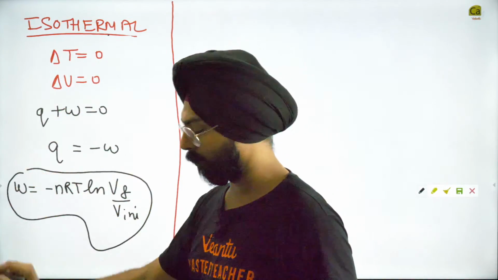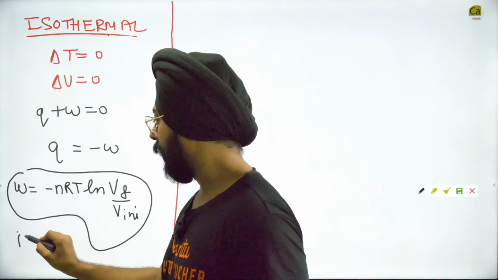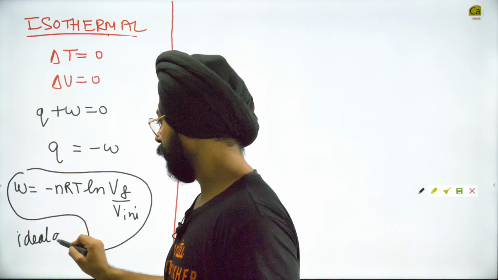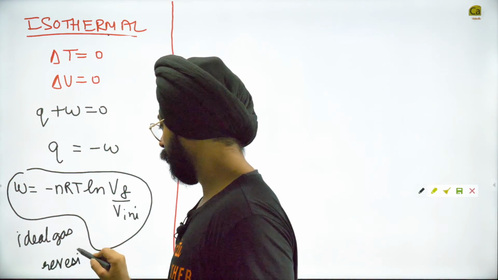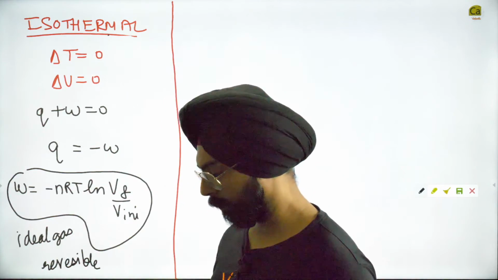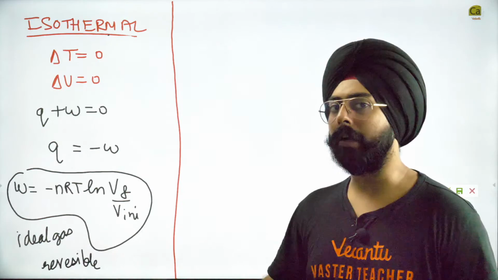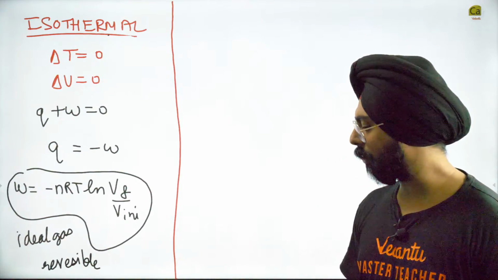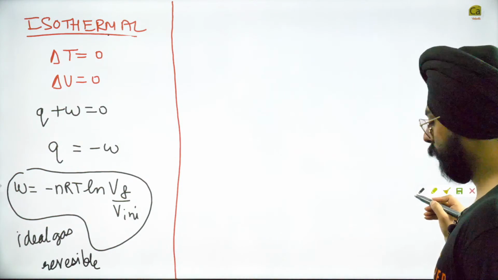This particular formula for W is applicable only for an ideal gas under reversible conditions. All right, done. So this is something that you have to remember for isothermal processes.